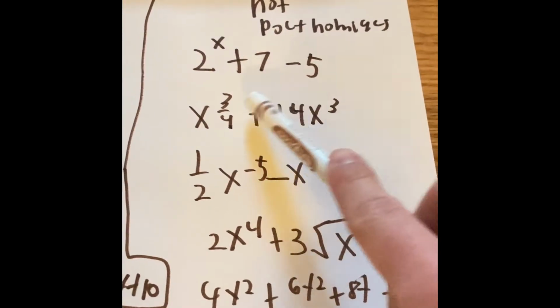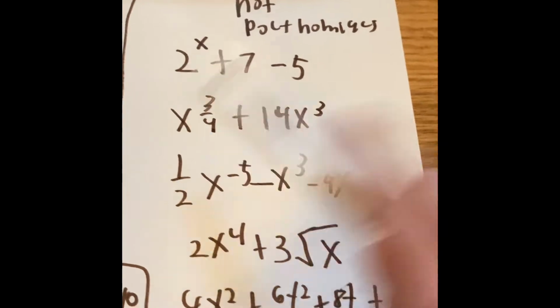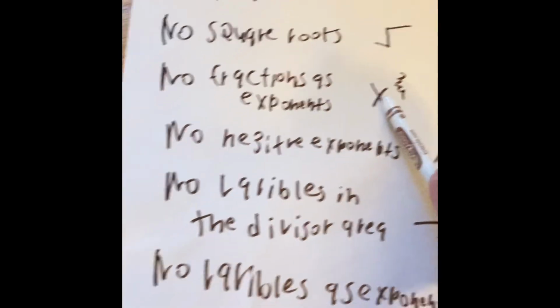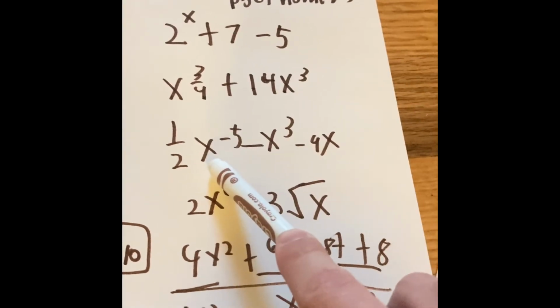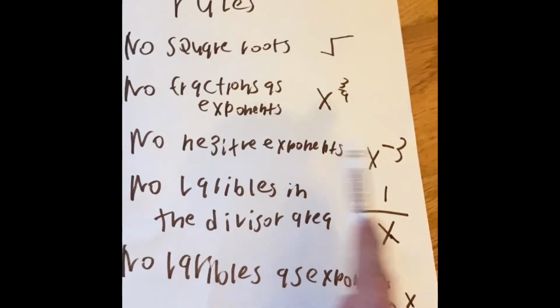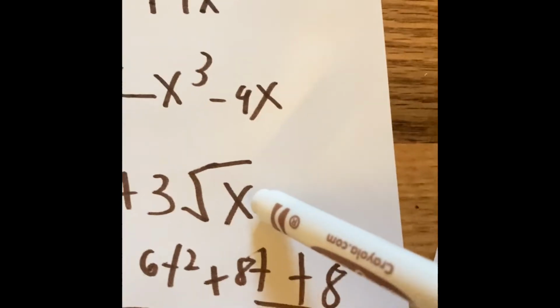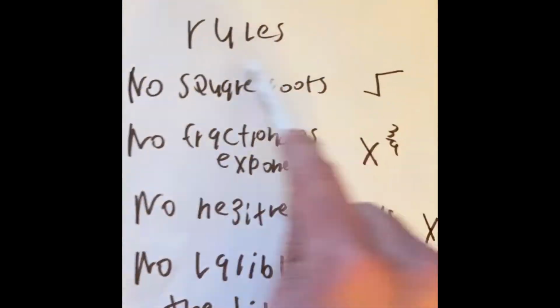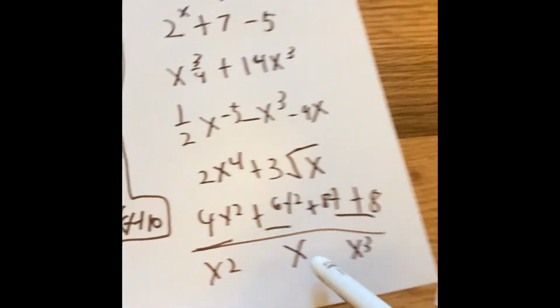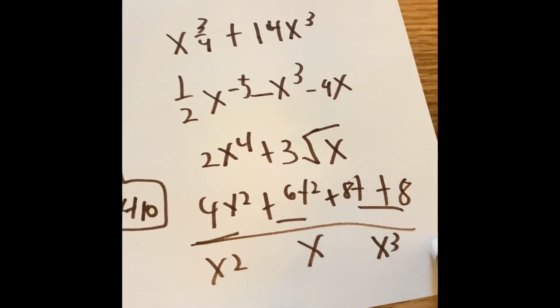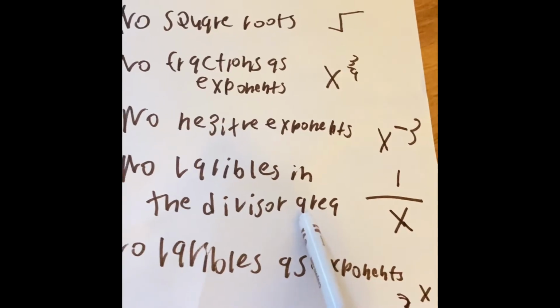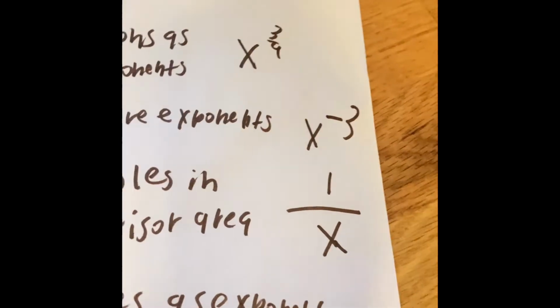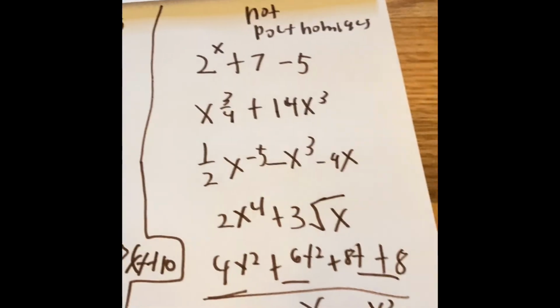This one has a fraction as an exponent, which is not allowed either. And this one has a negative number as an exponent, which we should not have. For the fourth one, there's a square root symbol, which definitely breaks the rules. And the last one has a variable being divided, which breaks no variables in the divisor. You can't divide by a variable, or it can never be a polynomial.